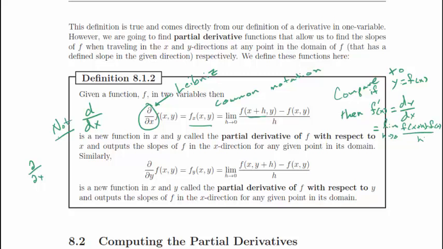That's our original single variable calculus definition of a derivative. So here we're doing the same thing for our partial derivative with respect to x. We just have the plus h on the x and not on the y.